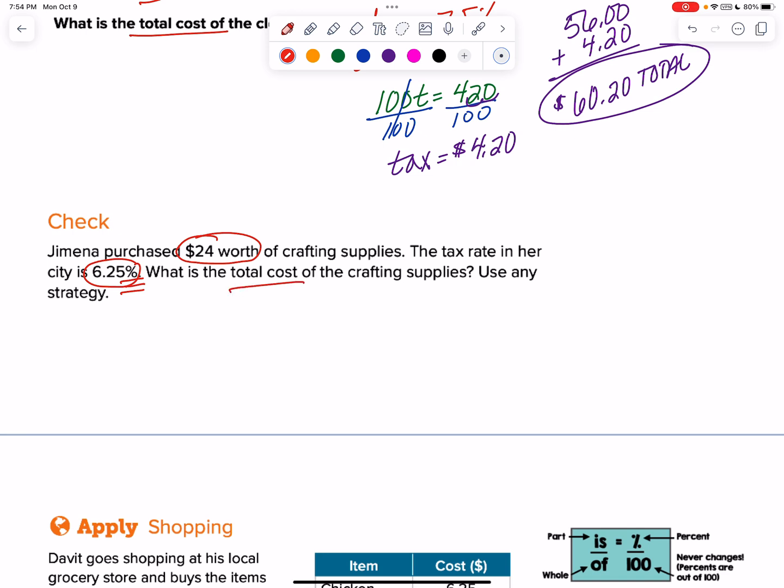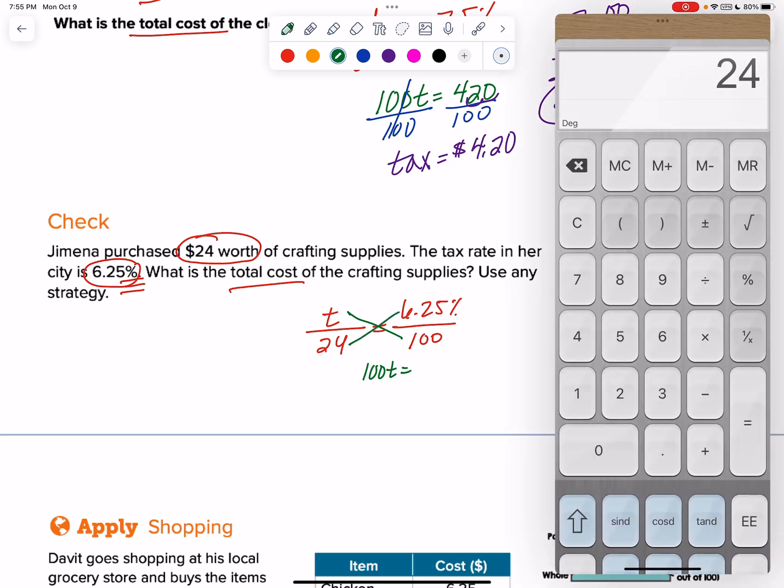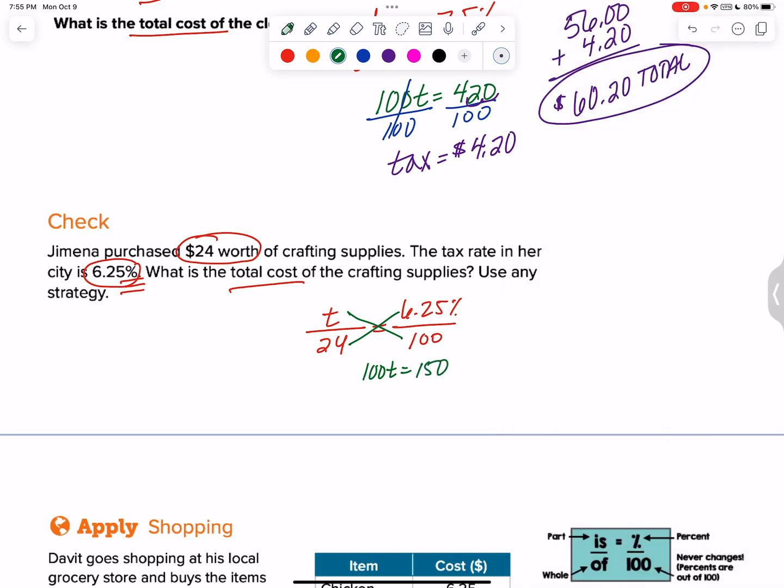Well, I'll tell you what strategy we're going to use. We don't know the tax as a cost. We do know the $24 worth of clothing, and we know the percentage of 6.25% over 100. Let's use our means extremes strategy. We have 100T equals the 24 times 6.25, which is 150.